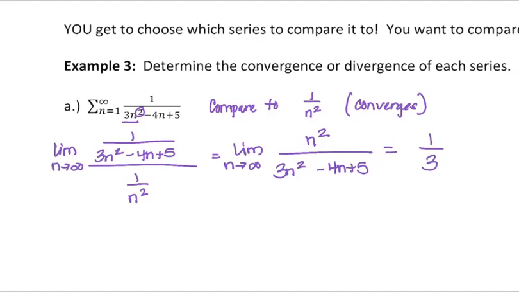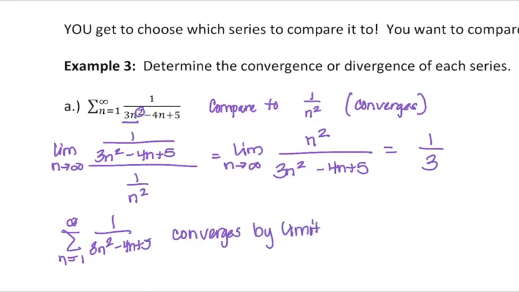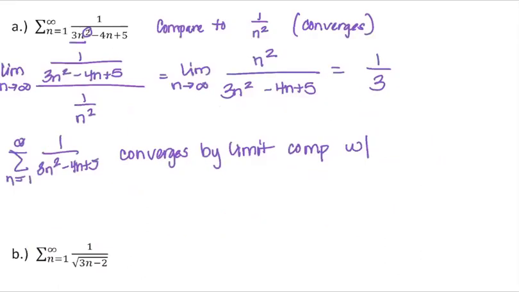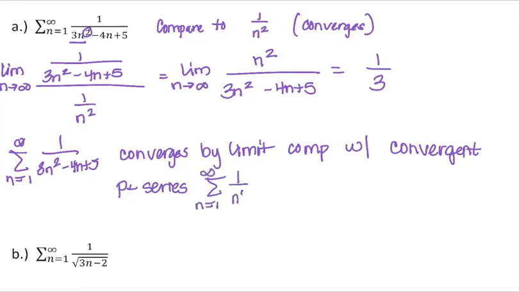So since 1 over n squared converges, that means that the sum from n equals 1 to infinity of 1 over 3n squared minus 4n plus 5 converges. And now we have to be specific: by limit comparison with the convergent P series, the sum from n equals 1 to infinity of 1 over n squared.